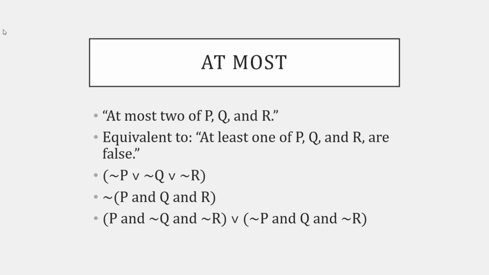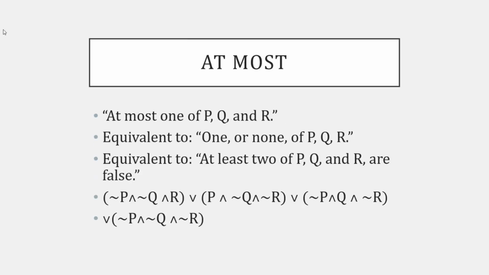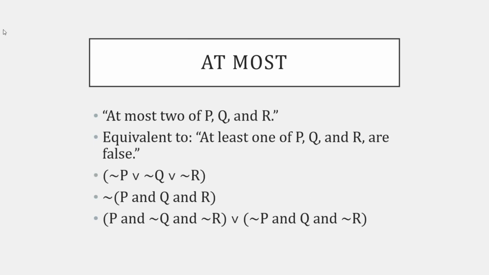Okay, so at most 2 of P, Q, and R is equivalent to at least 1 of them is false. So instead of doing that 4-part conjunct, let's do at most 2. So at most 2 is equivalent to at least 1 of them is false, right?